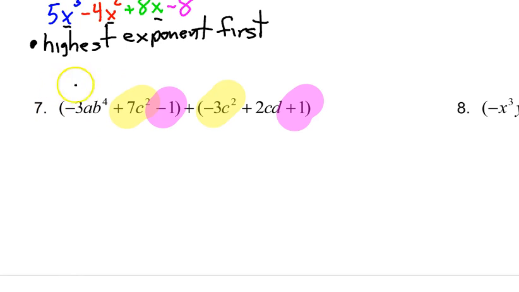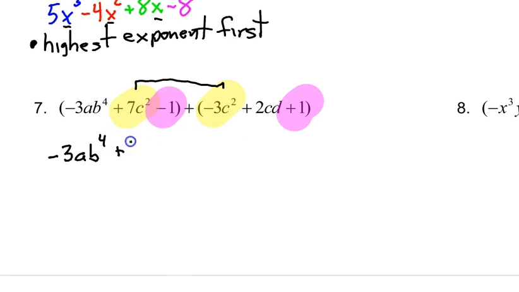Okay. So for here, we'd write our answer with the highest exponent, which is to the 4th power here, so we'd probably write that first. And there's no other ab to the 4th to add or subtract, so that'll just be there. And then we can do these c squareds to the 2nd power here. So we have 7c to the 2nd minus 3c to the 2nd.